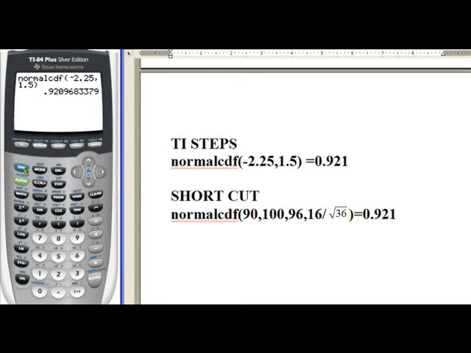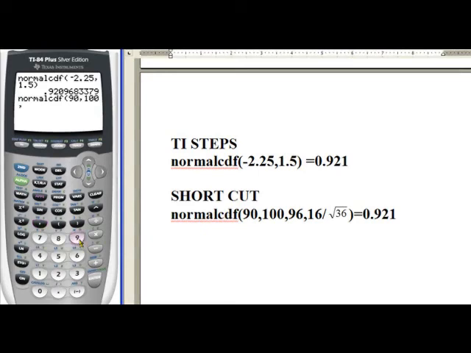Let me show you. You go second distribution, you pick normal CDF, you go from 90 to 100. Now this time I have to let my calculator calculate the z's.